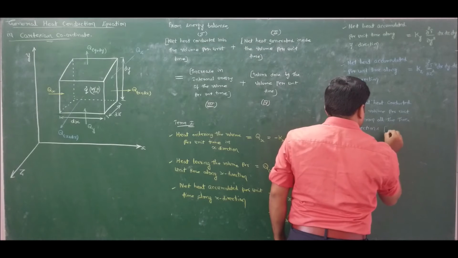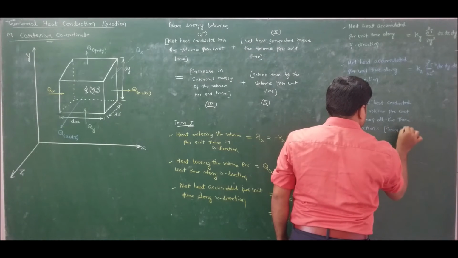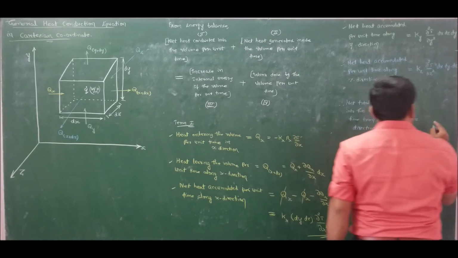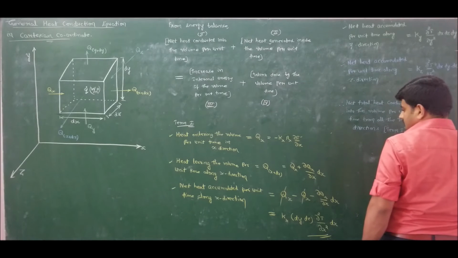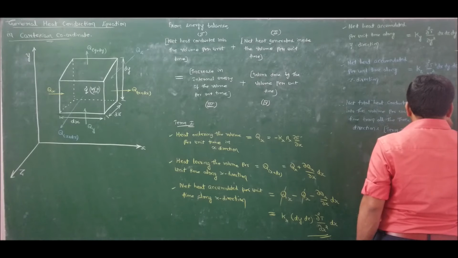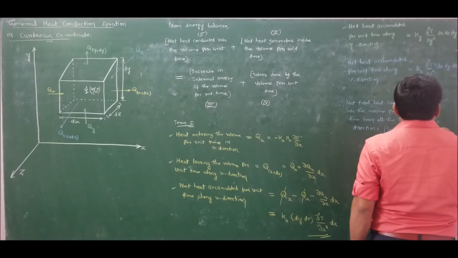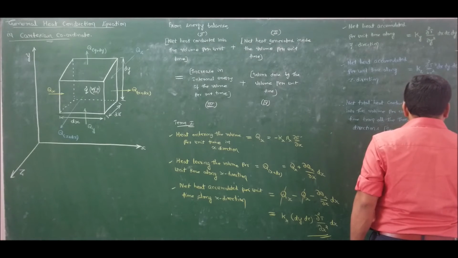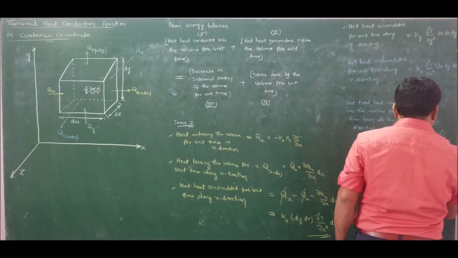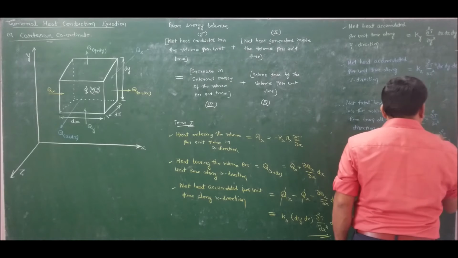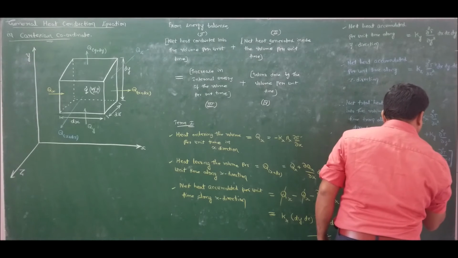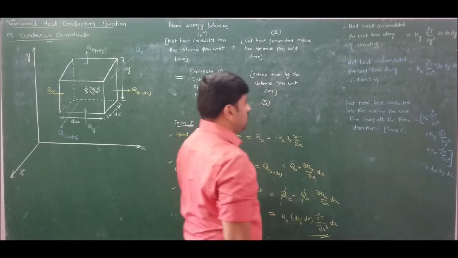That is, term 1 will be equal to, along x direction, kx ∂²T/∂x². Let me take dx dy dz common, plus ky ∂²T/∂y² plus kz ∂²T/∂z². Throughout I can take it multiplied by dx dy dz. So this is what we have.